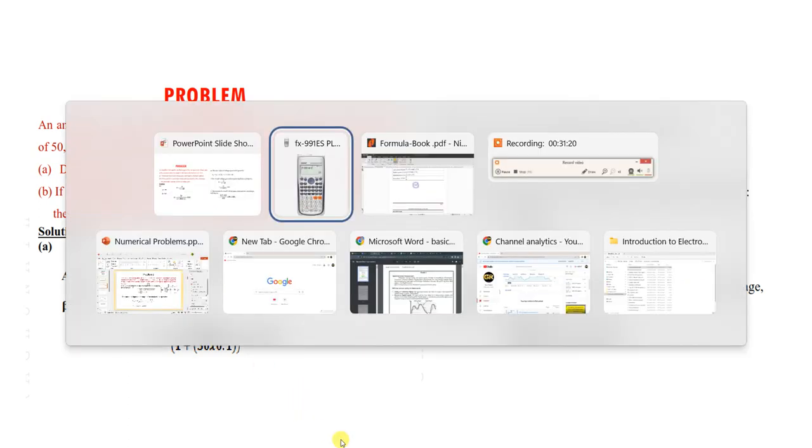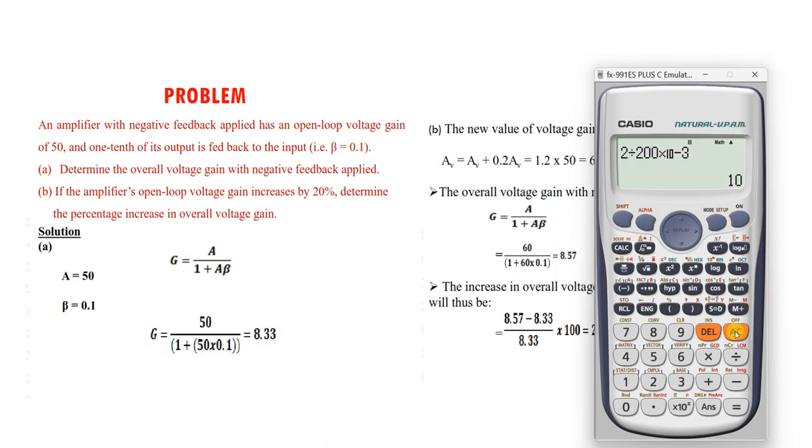This is a very, very important calculation. Gain is 50, and now you have to put a bracket. If you have plus in the denominator, you have to divide by the whole. So 1 plus A beta, A is 50 once again, beta is 0.1, close bracket.